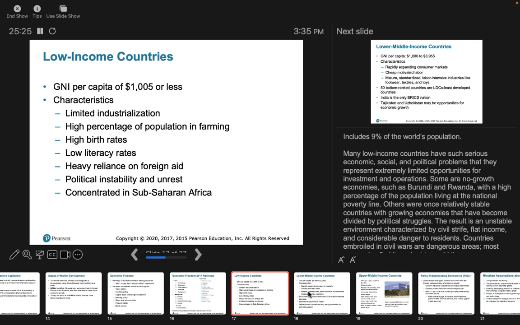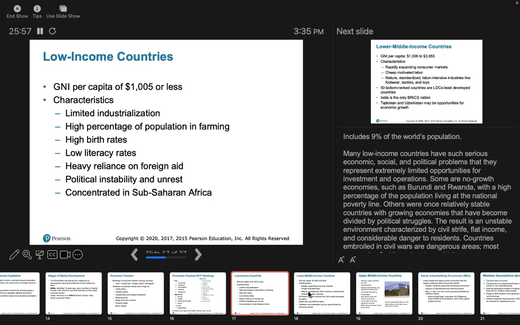Then there's a high percentage of the population in farming. There are high birth rates. There are low literacy rates. Many of these people cannot do high skilled jobs that come with high pay. They also have heavy reliance on foreign aid, and political instability and unrest, and these types of countries are mostly concentrated in sub-Saharan Africa.